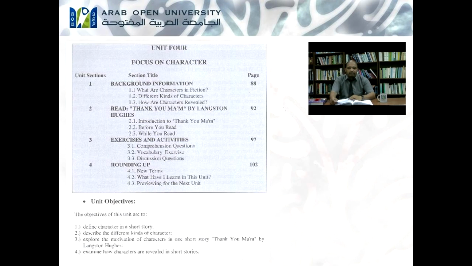Characters can be of different kinds, as we're going to see, whether they are main or minor, flat or round, dynamic or static. We're going to talk about that in detail. And then how are characters revealed. This is one of the things that we're going to address together, how characters get revealed.